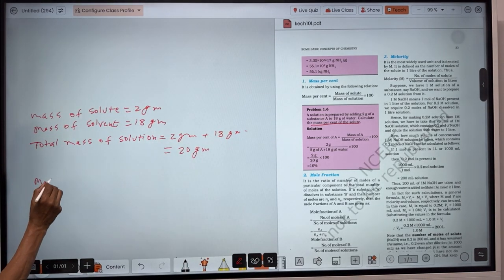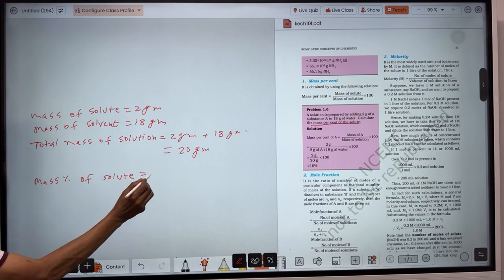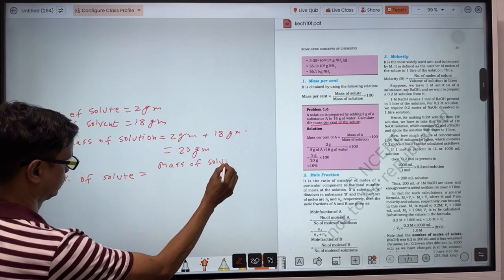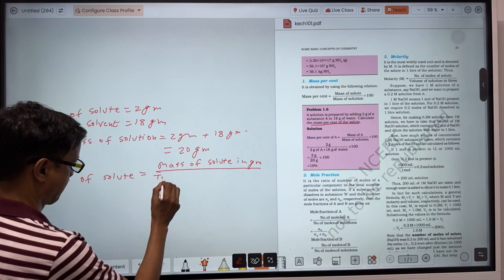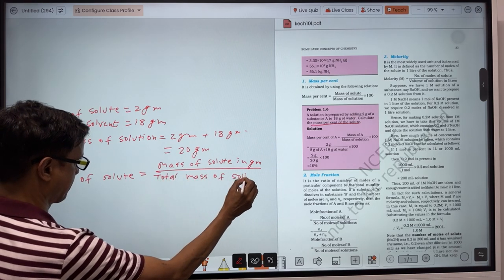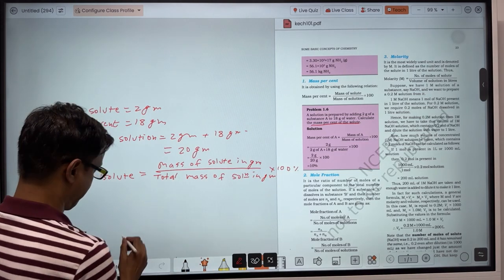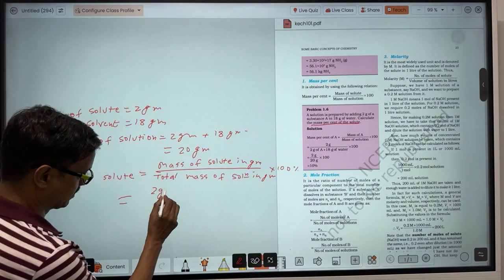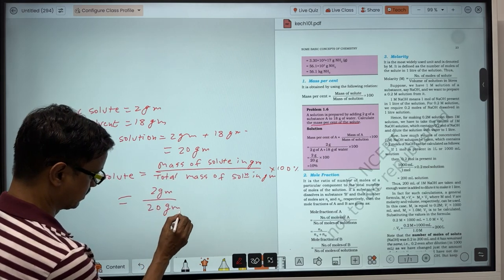So mass of solute here is 2 gram, upon mass of the whole solution, which is 20 gram, into 100.